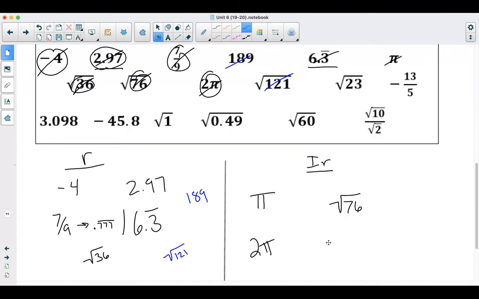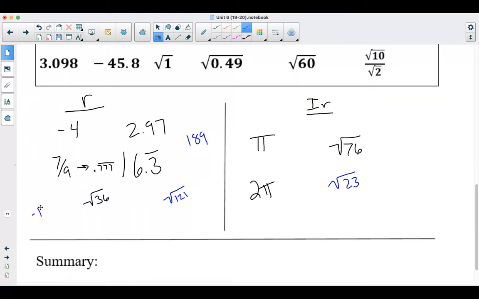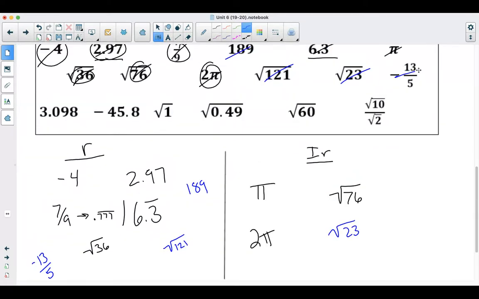Nope, no square root of 23. So square root of 23 goes over here. -13/5. That's a fraction. We can write it over here. We have a terminating decimal. Terminating means it ends. We also have a terminating decimal, means it ends.